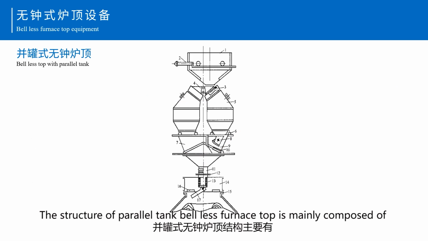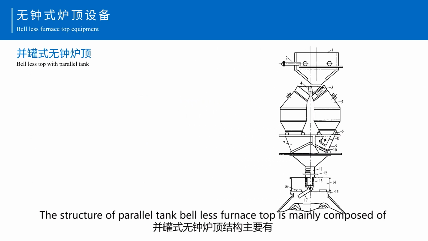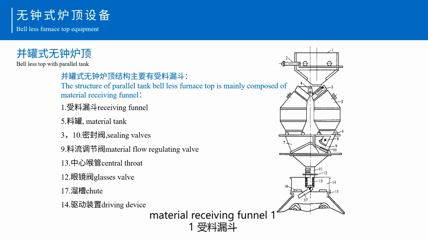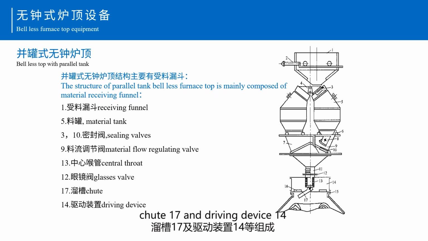The structure of parallel tank bell-less furnace top is mainly composed of material receiving funnel 1, material tank 5, sealing valves 3 and 10, material flow regulating valve 9, central throat 13, gas valve 12, choke 17, and driving device 14.